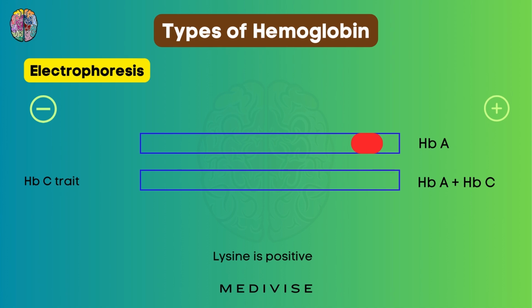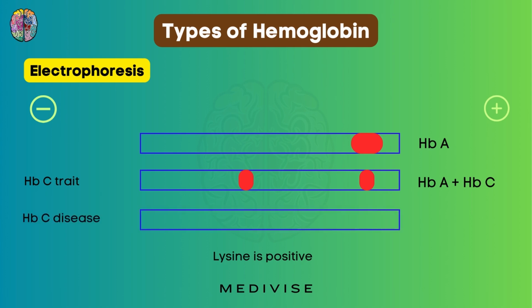So what is going to happen here? Some of the hemoglobin that is normal will be found where normally we have HbA, but some of the HbC will be found towards the negative pole. And why is that? This is because the lysine is positive. So this positive lysine will be attracted by the negative pole, and so it will be found very far away from the normal HbA position.